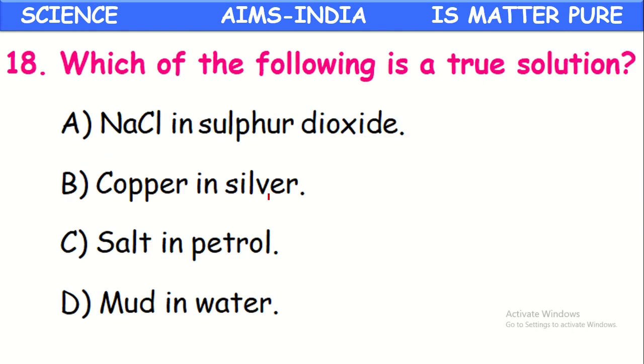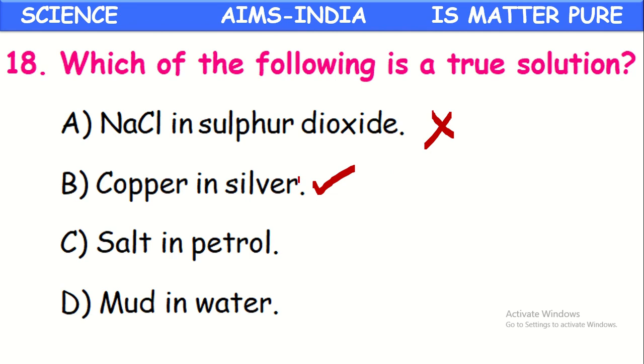Which of the following is a true solution? True solution means in which the components are present in the same phase. Both the components are in the same phase. Sodium chloride in sulfur dioxide forms a heterogeneous mixture. Copper in silver: in the ornaments made by silver, they mix some quantity of copper with them to make it harder.